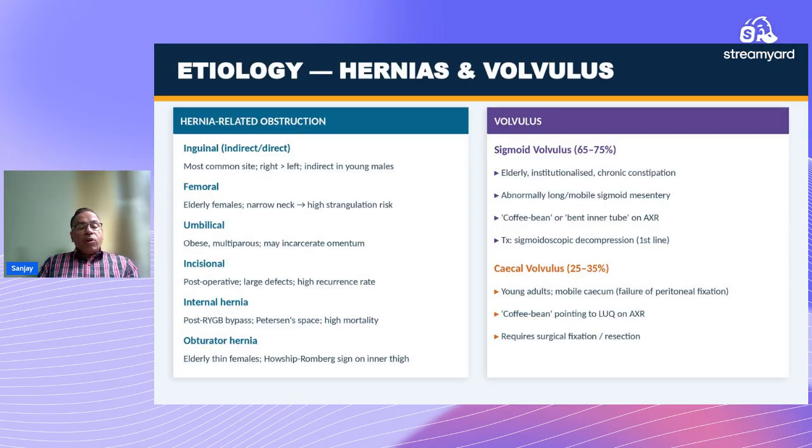Similarly, femoral hernias are also at risk of strangulation because of the narrow neck and passage through the femoral canal. Incisional hernias post-operatively can cause intestinal obstruction, but here the defects are quite large, and that's why the chances of intestinal obstruction are not so high as compared to inguinal or femoral hernias.